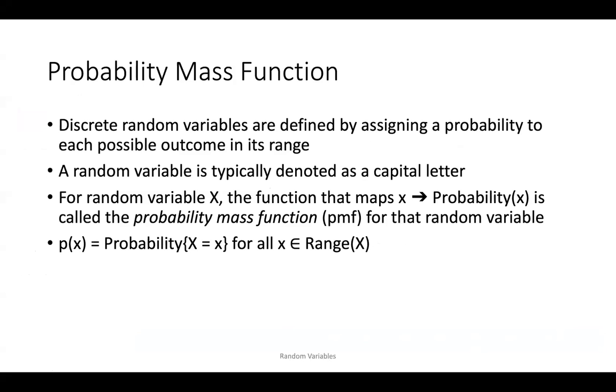And that is defined as the probability that the random variable will equal x. So it's a function from the range of the random variable x into the 0, 1 interval. And each value is the probability that it will equal that value.